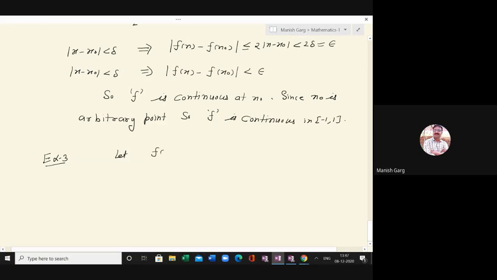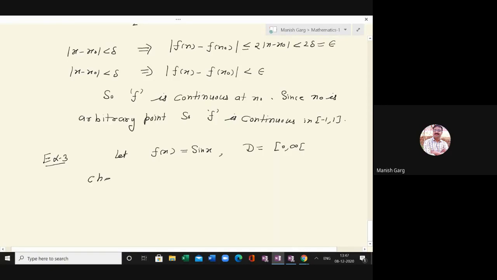Let you have a function f(x) is equal to sin x and define D is equal to 0 to infinity.